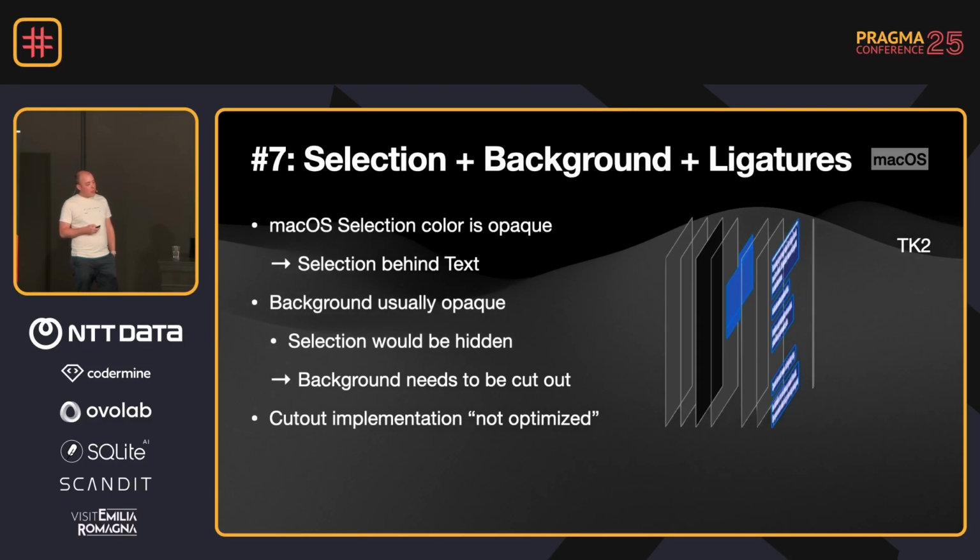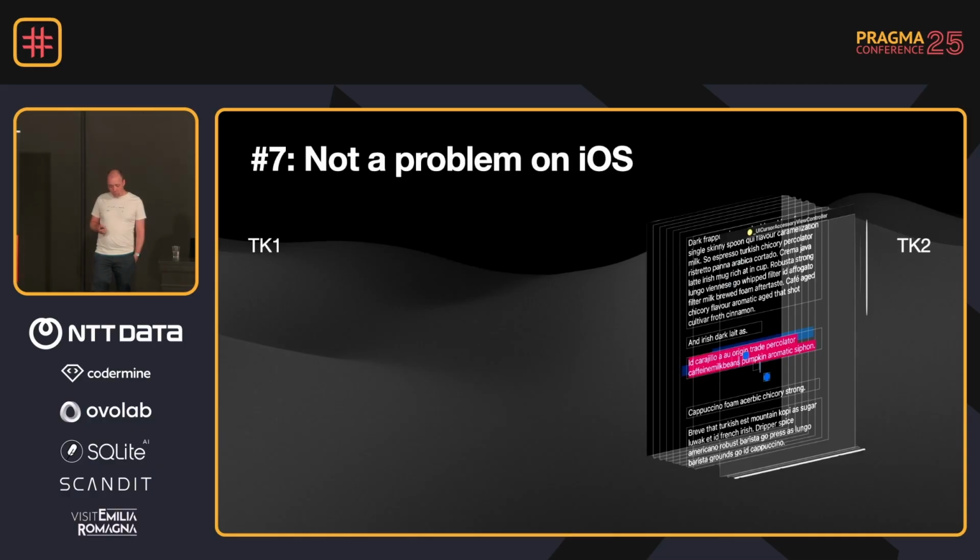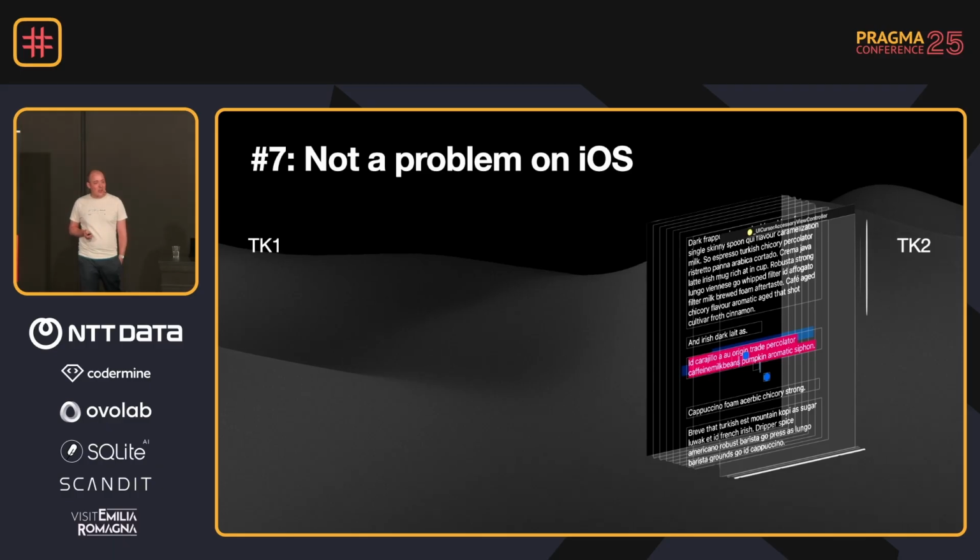And you can see in the upper right-hand corner, it's always saying macOS, macOS, macOS. It's not a problem on iOS, because on iOS, it's just not doing the cutout, right? If you have a background color on iOS and select text, the selection is invisible.